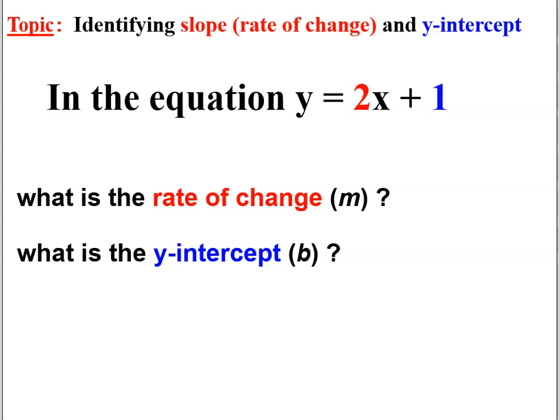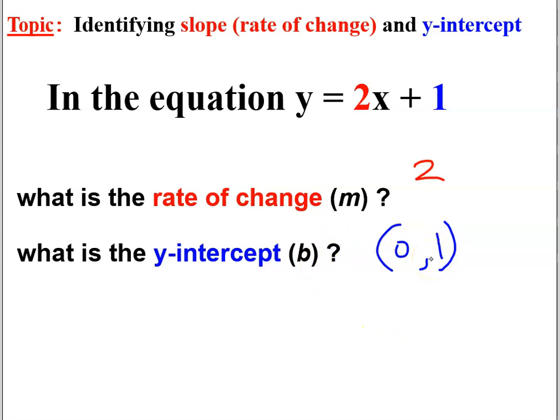In this equation, y equals 2x plus 1, do you know which value is the rate of change and which value is the y-intercept? It is color-coded, so the rate of change is 2. The y-intercept is 1. Now remember, the y-intercept is a point, always with a 0 in the x position and the b value in the y position.